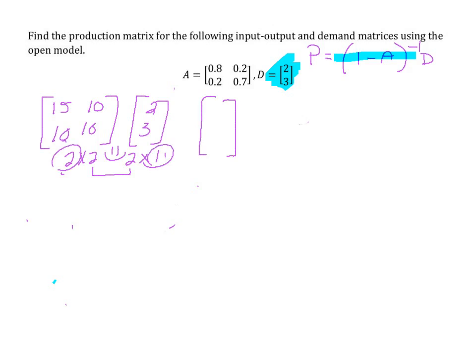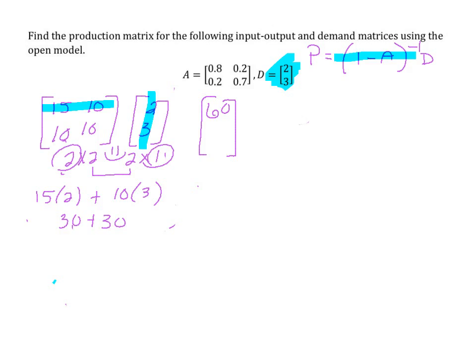Alright, so take our top times the left there. So 15 times 2 plus 10 times 3. So 30 plus 30 gives us 60. And now we will do our bottom by the left there. Ooh, it kind of erased a little bit.